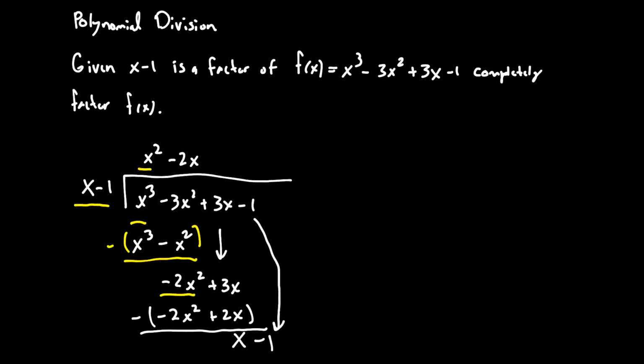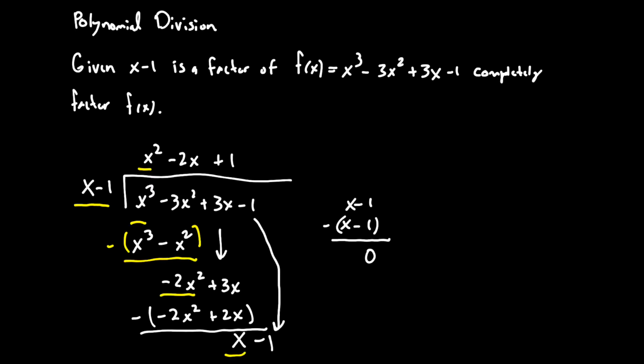And to get rid of this x here, we're going to multiply our x minus 1 term by 1. So let me go ahead and rewrite this a little bit to the side. What we should get is x minus 1 times 1, and we multiply that by a negative 1. Then combining x minus 1 with our negative x minus 1, we're left with 0.